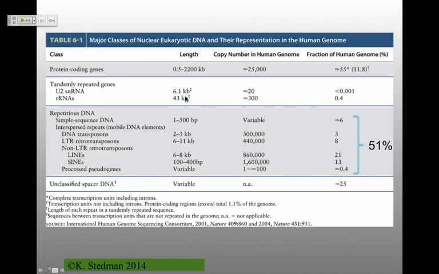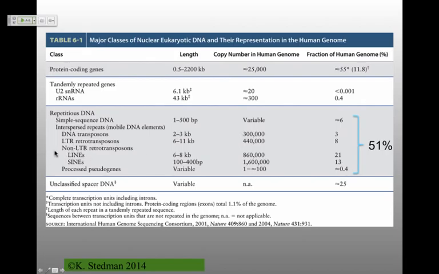Then there are a whole bunch of repetitious DNAs. This is present now from the human genome. Simple sequence DNA repeats, we'll talk about these in just a second. DNA transposons, particularly these retrotransposons, where there are literally millions of copies of these retrotransposons present inside the genome.